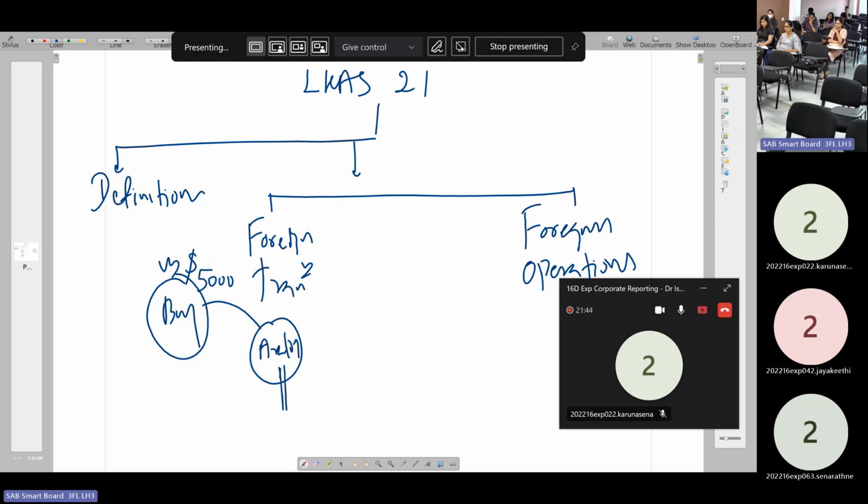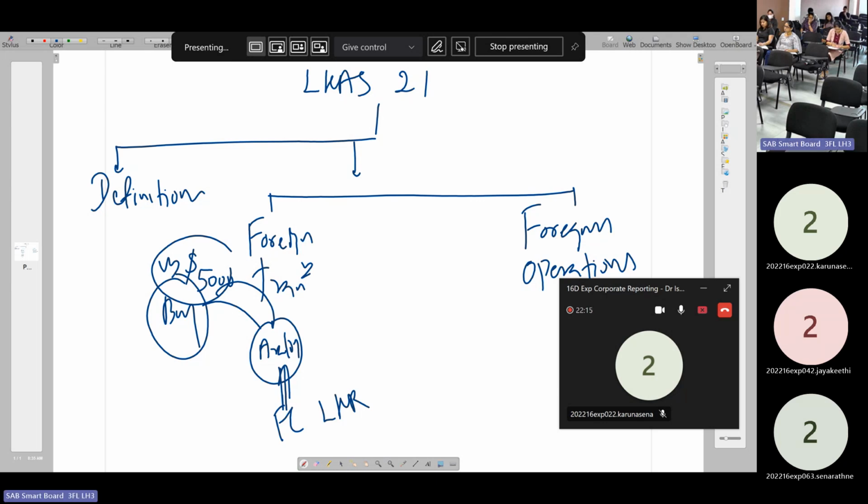But the entity's functional currency is LKR. So this transaction needs to be translated into functional currency. You know the difference between functional currency and the presentation currency, I discussed. These 5,000 US dollars need to be converted into LKR.